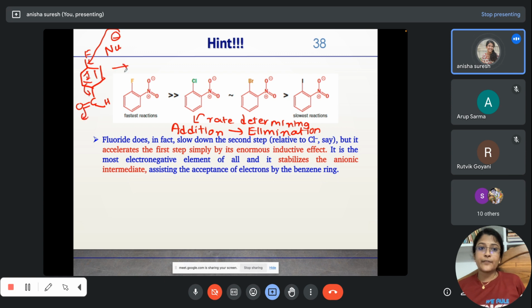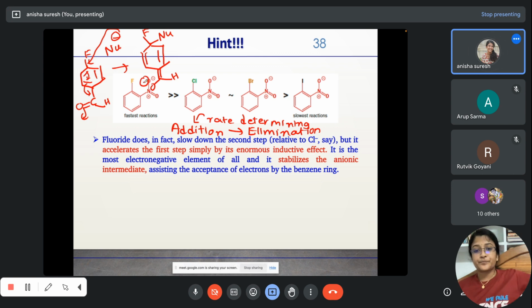So here the phenolate will be forming. Nucleophile, fluorine, here double bond O minus H. So here this is the intermediate that is forming.